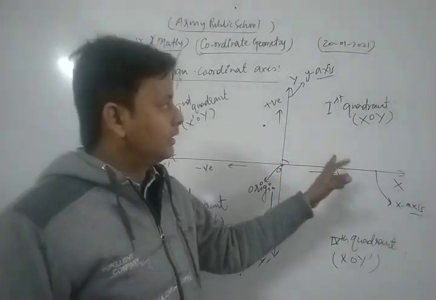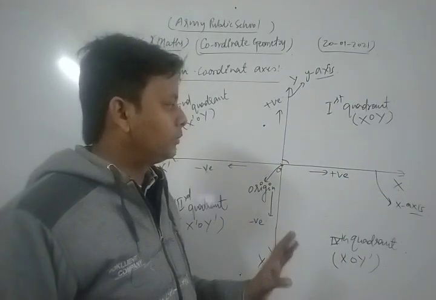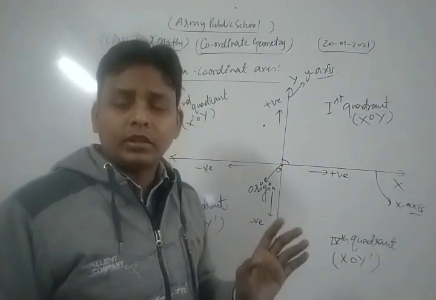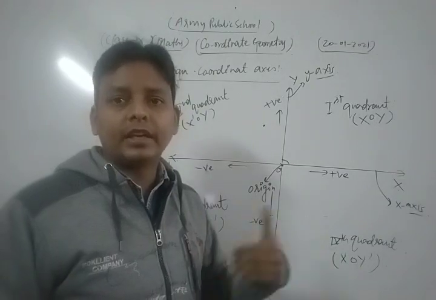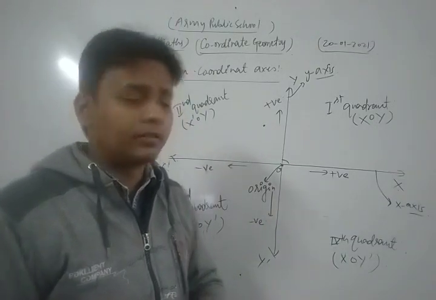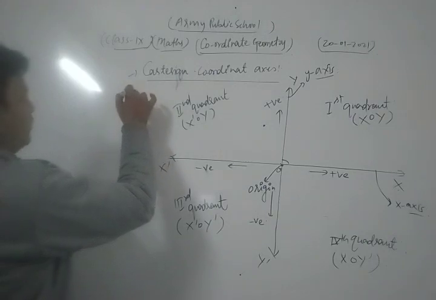One of the most important things is that in coordinate systems we represent any coordinate in the form of an ordered pair, in the form of (x, y).